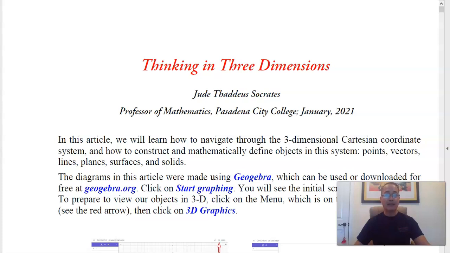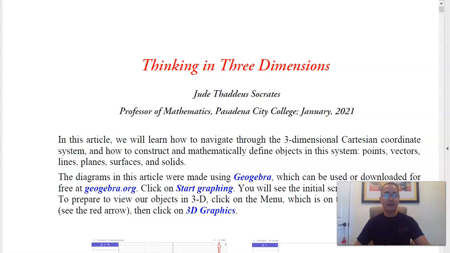So I'm happy to say that in this video, we will be finishing with the material in this handout, Thinking in 3 Dimensions. So we will be looking at surfaces, which means that we'll be drawing a lot of pictures in GeoGebra, and we are going to look at functions of 2 variables, okay?